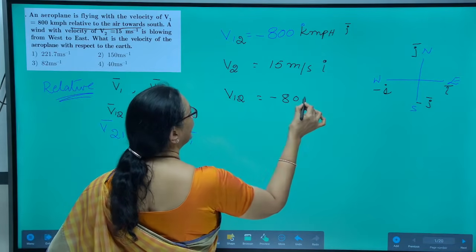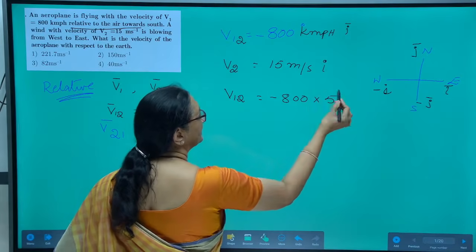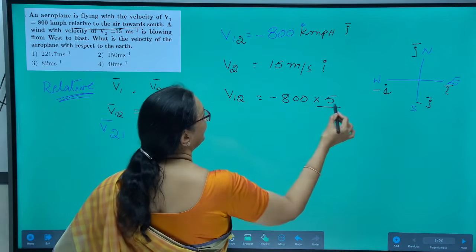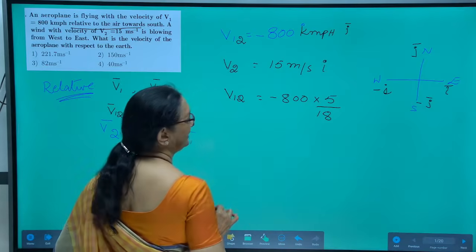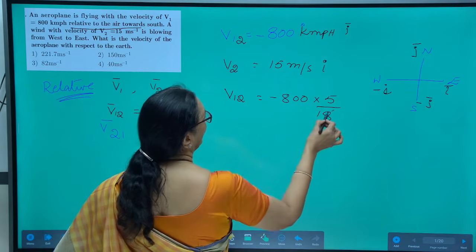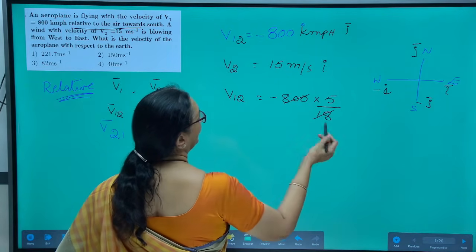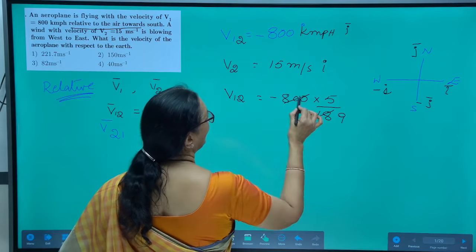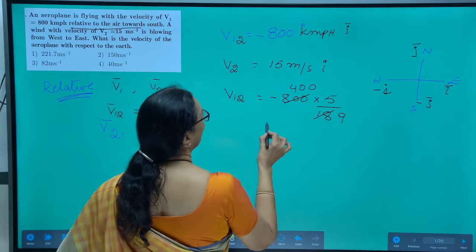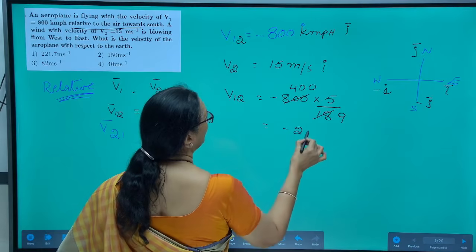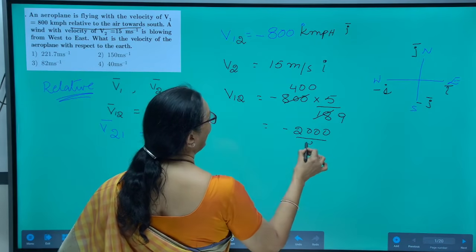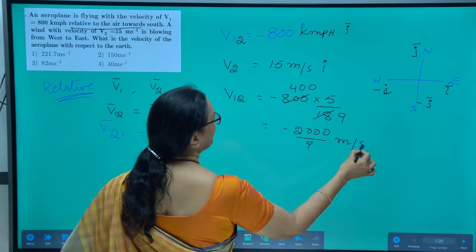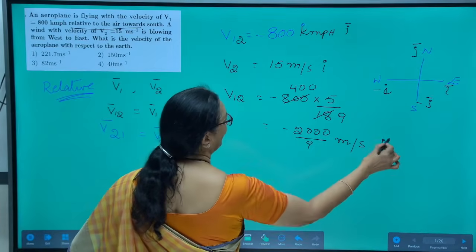To convert kmph to meter per second, we have to multiply that with 5 by 18. So, cancel 9 times, this is 400. So, this is 2000 by 9 meter per second j bar.